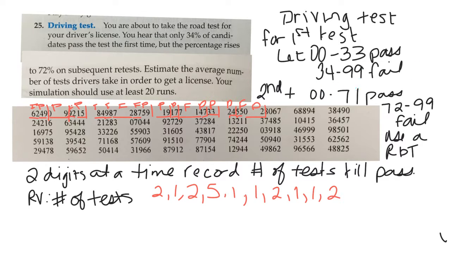And then after the first number, for 47, now we're looking between 0 to 71 to be a pass, and you look at that until you pass. After the first one, yes. You failed the first one. Correct. Because if you pass the first one, you're not going to take it again. Nobody wants to go through that more than once in their lifetime unless they have to.